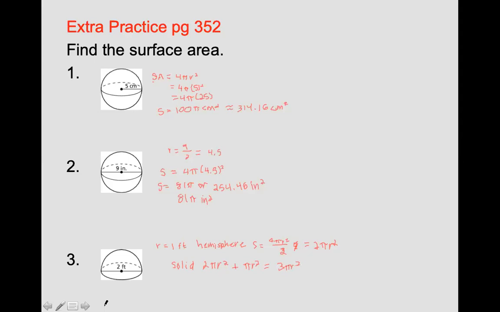Okay, so I'm going to switch colors here. All right, so we know that our radius, we said, was 1 foot. So the surface area of the solid is going to be equal to 3 times pi times 1 squared, which is 3 pi, because 1 squared is just 1, so 3 pi feet squared.